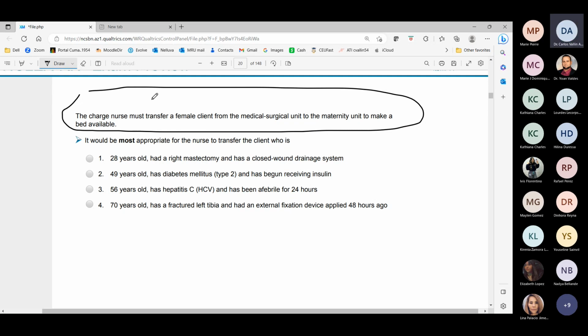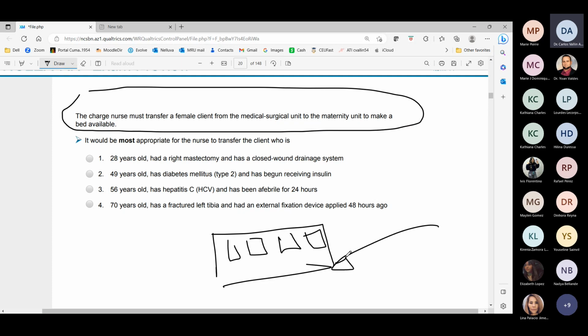Usually, the questions we have been practicing say the nurse must make an open bed for patients that are coming, and ask which patient you recommend to be discharged because they are stable, so going home. This is the usual that I've been used to practicing. I don't know about you, but it is the usual.